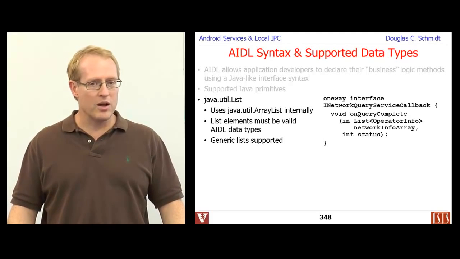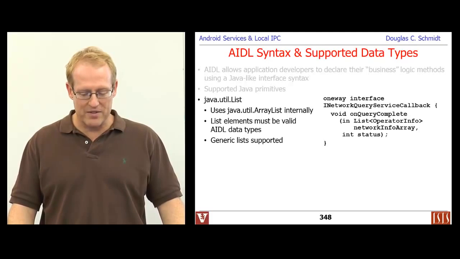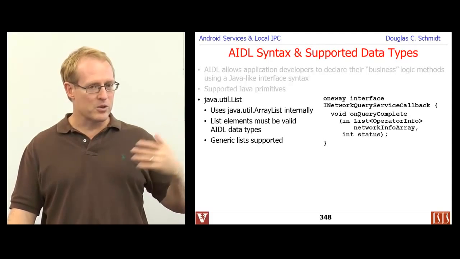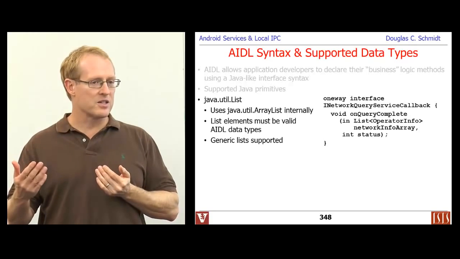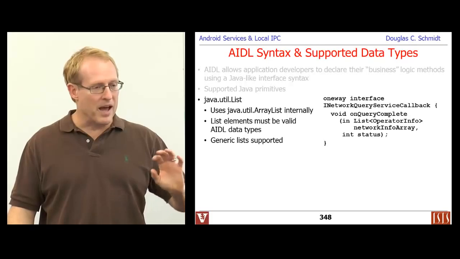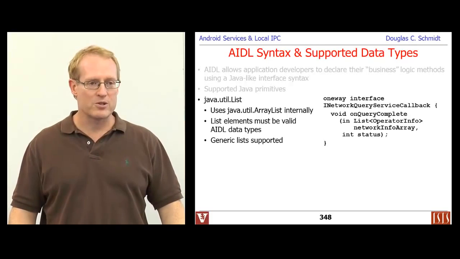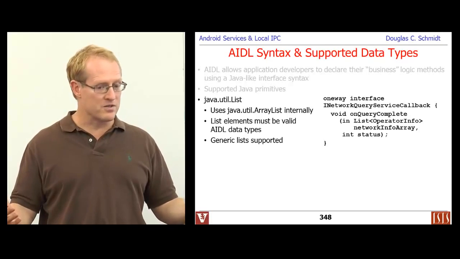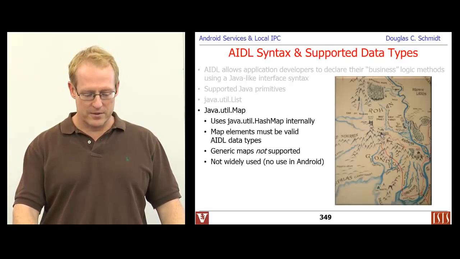Here's an example of an interface that is defined in parts of Android where you can have this thing that will go and look up what network interfaces are available, and you can do this query, and when the query is complete, you go ahead and get back a list of things that have completed, which tell you what operators are connected to the network. So there's an example where you're getting back a list of something, in this case a list of operator info. So that's how you can use those kinds of things.